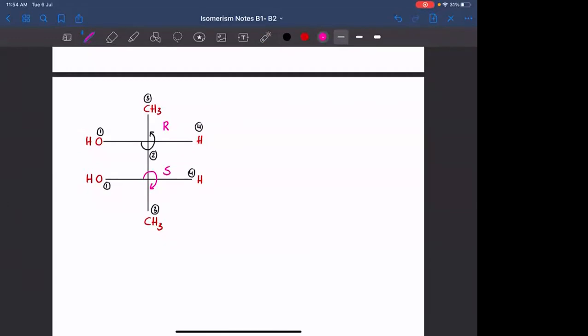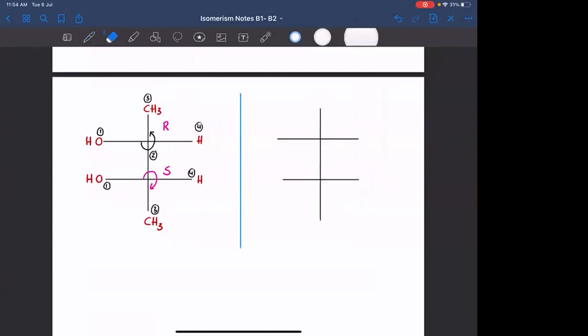Okay. Let us take again the mirror image of this. If I take the mirror image, here CH3 will be there.